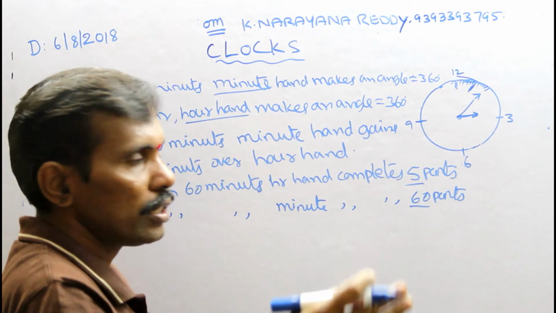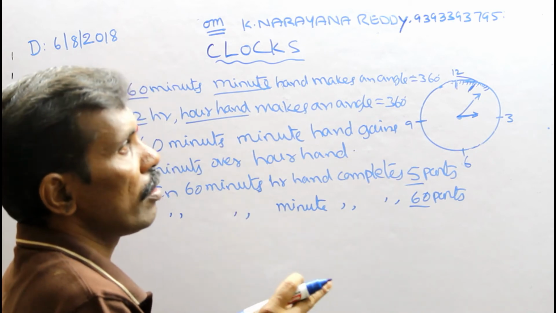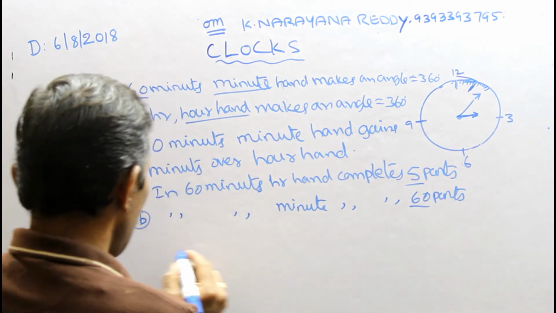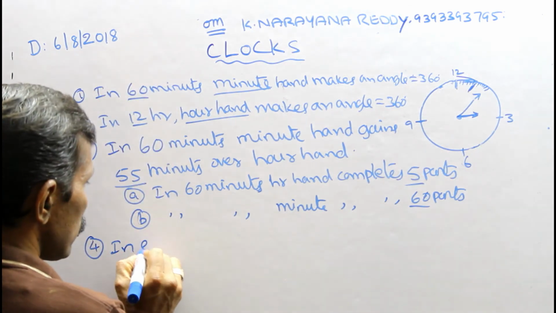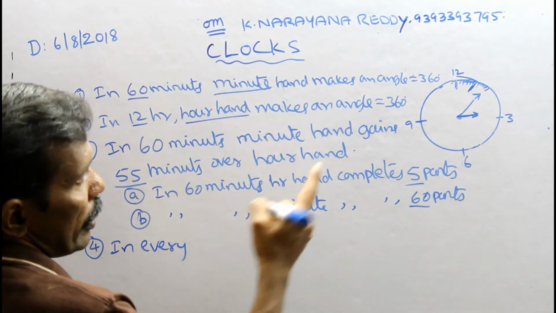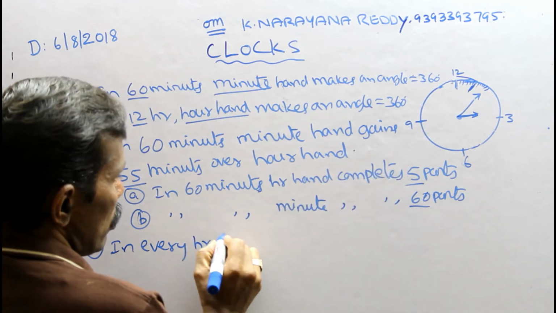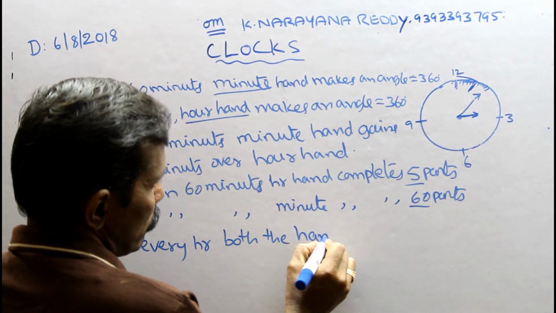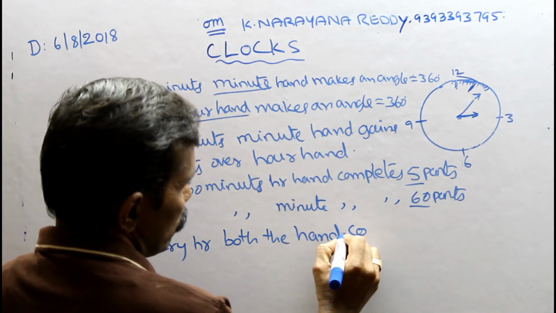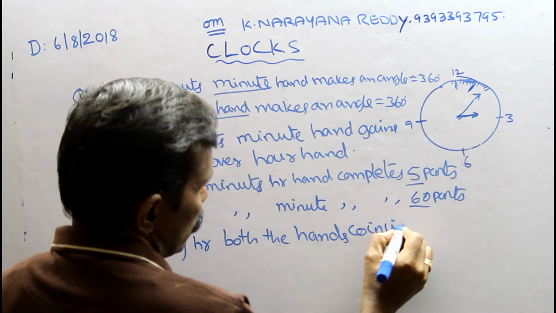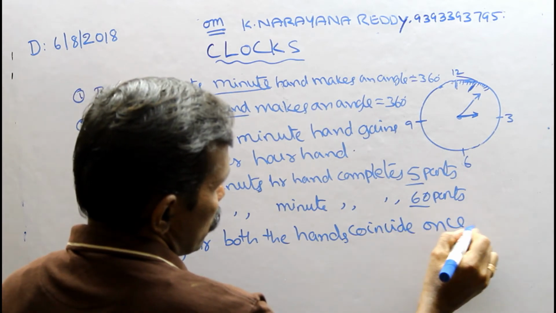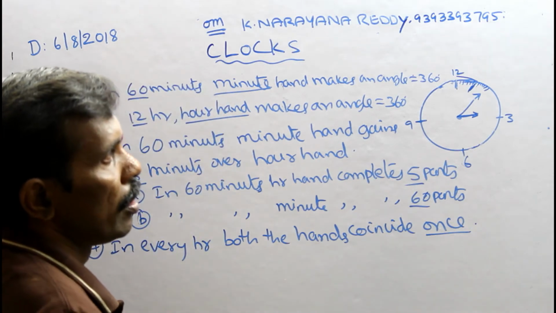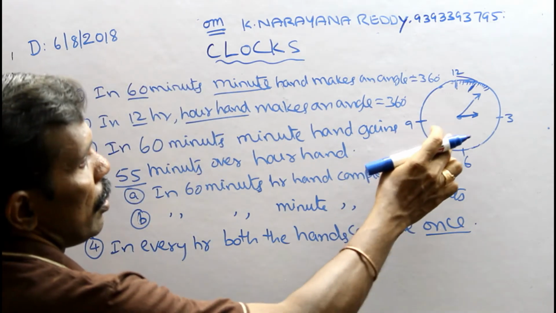So in this way, in every hour, both the hands coincide once. Okay. Next one is this one.